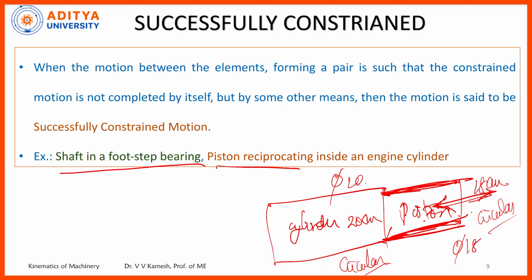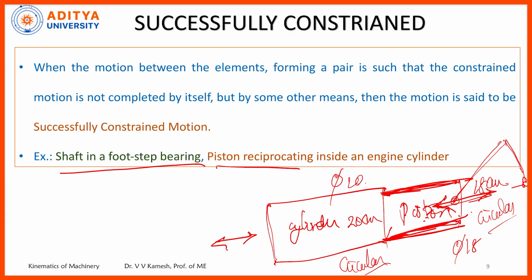Now, the piston has the eligibility to have 2 movements inside the cylinder. One is rotation and the second one is translation. But according to our principles, the piston will only reciprocate in the cylinder. Who is preventing the rotation? By means of some other configuration, it is linked with the crank. So the link with the crank is preventing the piston from rotating inside the cylinder.